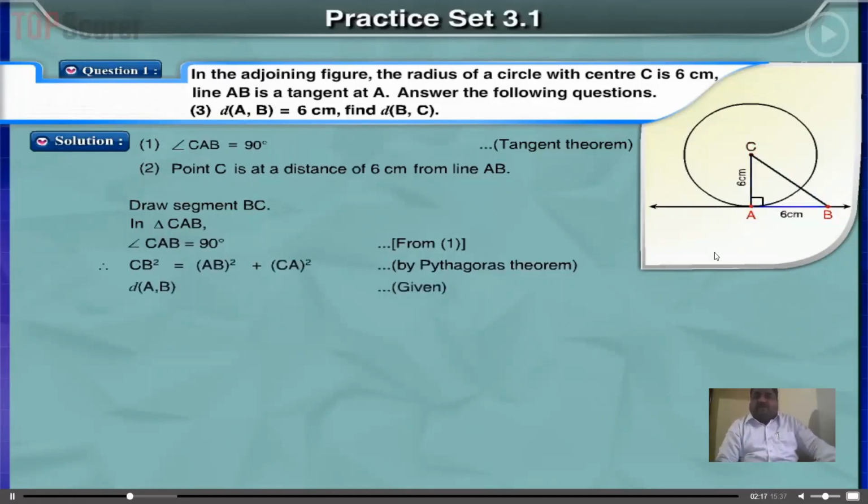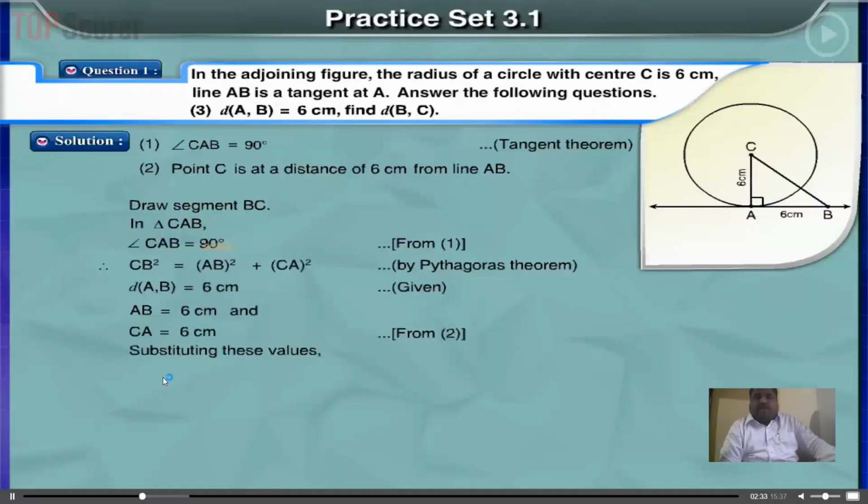That is, the distance AB is equal to 6 centimeter, this is given. And CA, that is the radius of the circle, is also given 6 centimeter. Now put the values. We get distance CB square is equal to 6 square plus 6 square.